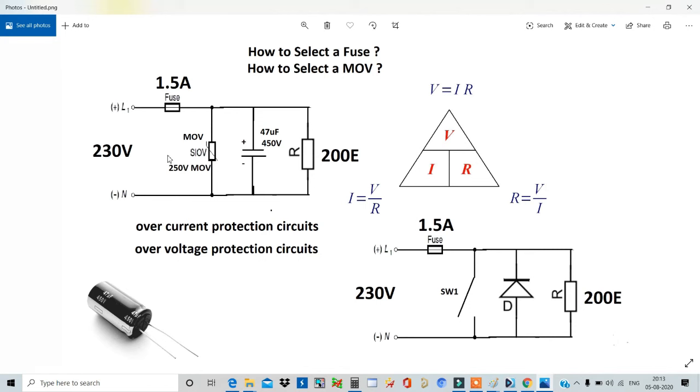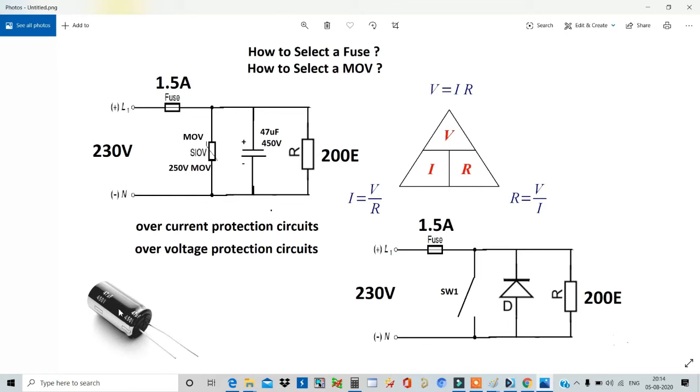But sometimes the input voltage increases to 600 volts. So 600 volts is coming to your circuit, but you did not design for 600 volts. For example, a 450 volt capacitor is there; if you give more than 450 volts, the capacitor will get damaged, it will get burned.